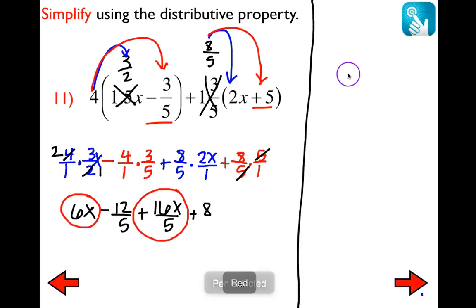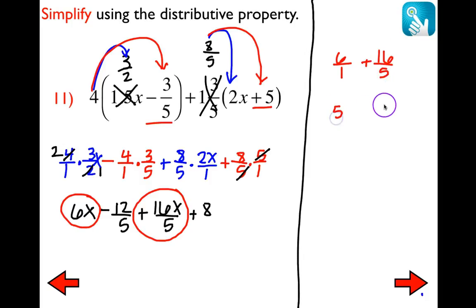So let's go ahead and show my work. We have 6 over 1 plus 16 over 5, where 5 is our lowest common denominator. Here, you're going to have to multiply the denominator by 5. So the numerator is multiplied by 5, leaving me with 30. Here, since the denominator is already a 5, the numerator is going to stay the same.